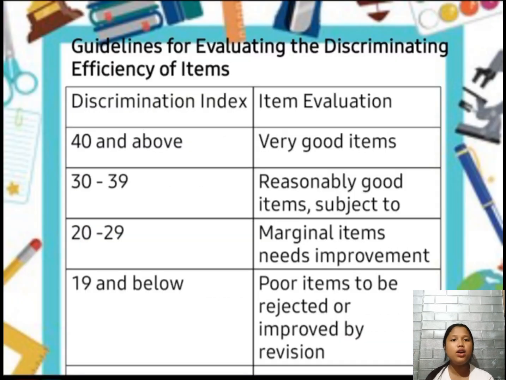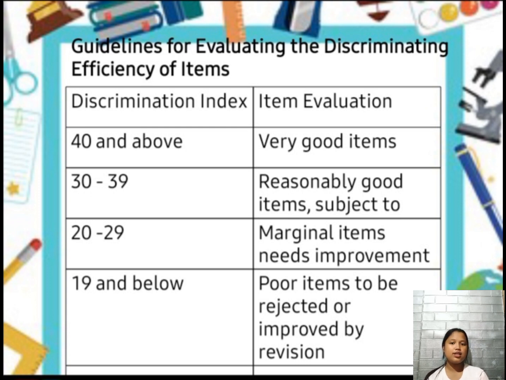Okay, let's move on to the guidelines for evaluating the discriminating efficiency of an item. Here we have the table with the discrimination index and the item evaluation. If the discrimination index is 40 and above, the evaluation is a very good item. If the discrimination index is 30 to 39, it is a reasonably good item, but subject to improvement.